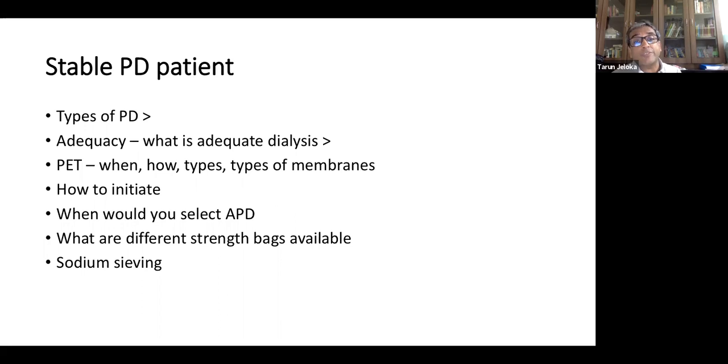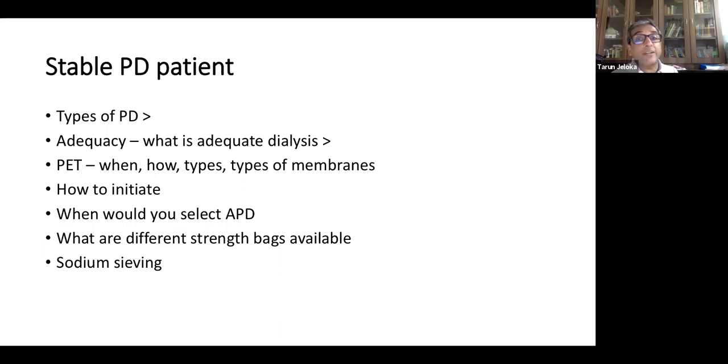So the number 1 reason for choosing APD is the patient's choice. Number 2 is in high transporters, where we'll talk about PET, where you desire a smaller dwell time, APD is beneficial because it automatically gives a dwell time of 2.5 hours, 3 hours, etc. For CAPD, you cannot ask patients to do an exchange every 3 hours; it will become very cumbersome.